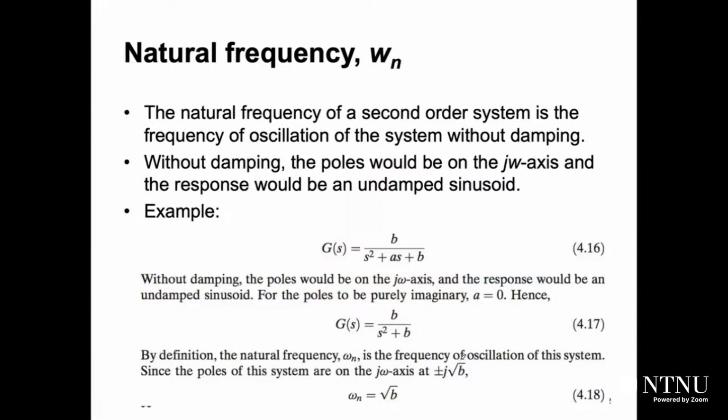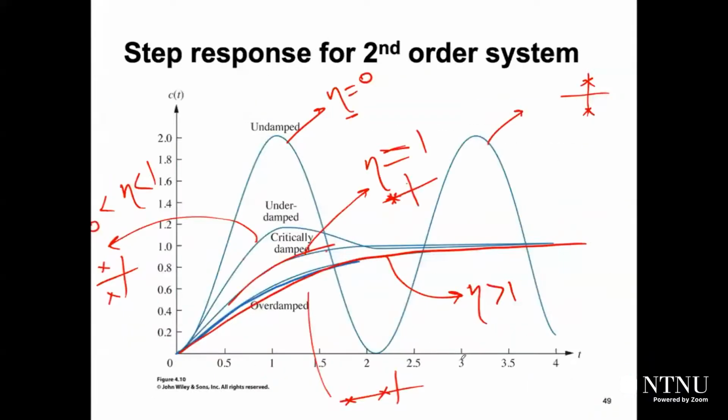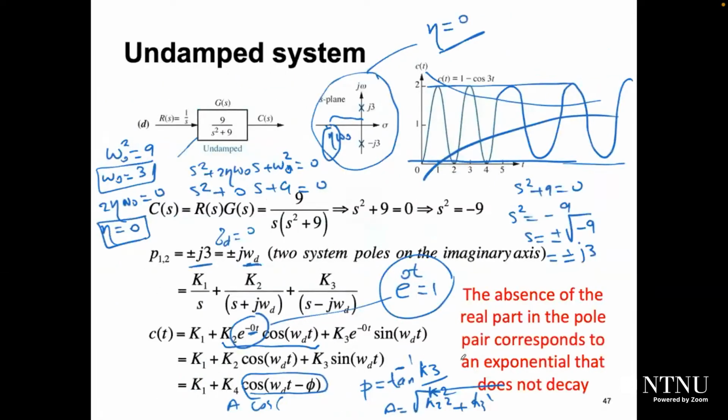The natural frequency omega n of a second order system is the frequency of oscillation of the system without damping. So if we go to the undamped system, omega n is the frequency of the undamped response. Do you see here? It's undamped, so the frequency of that part will be omega n. And of course, time equals 1 divided by frequency.